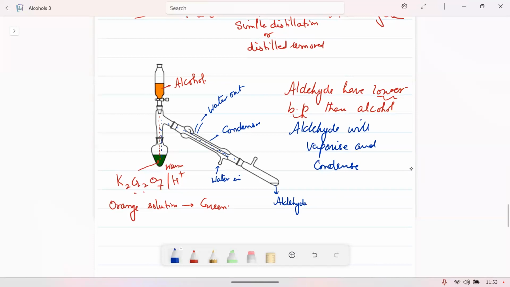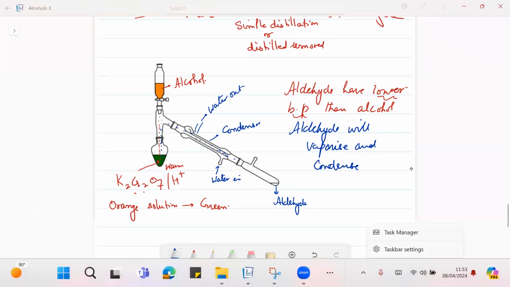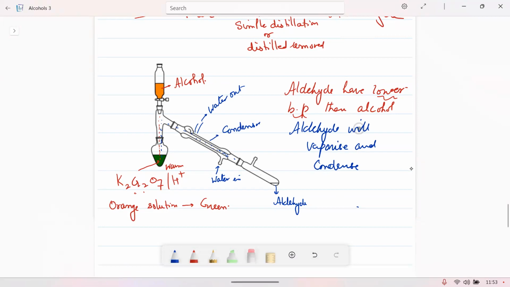So the aldehyde vapors will condense and are collected. Now, when they are collected over here, there is no oxidizing agent.